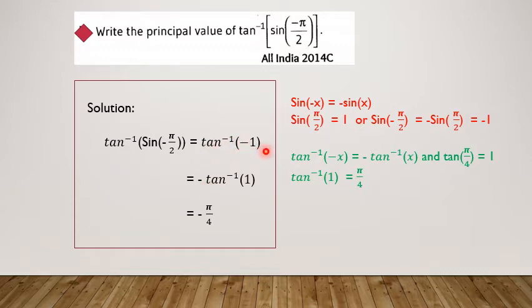Tan inverse minus 1, taking the minus outside with this identity, is minus tan inverse 1. But tan inverse 1 is pi by 4, so this is equal to minus pi by 4. That is, tan inverse sine of minus pi by 2 is minus pi by 4. We apply these identities here.